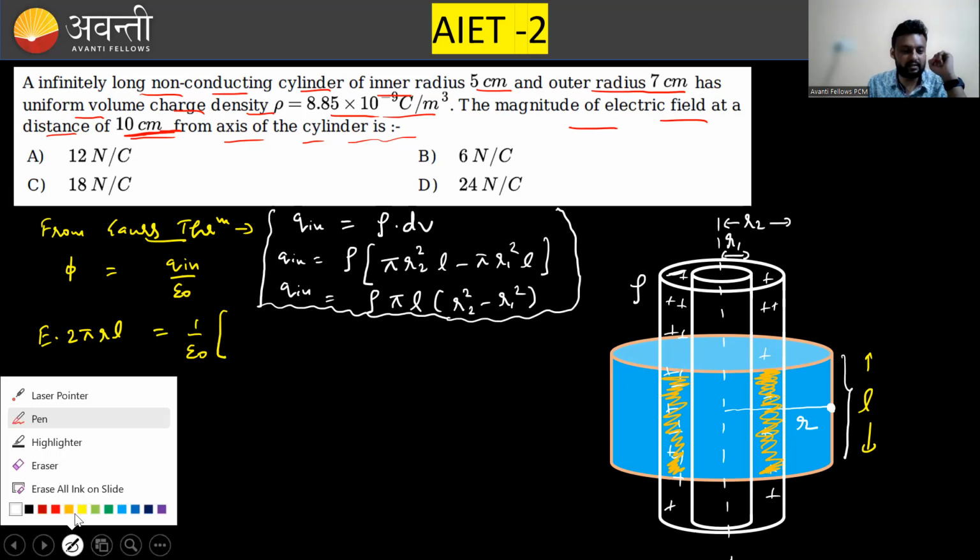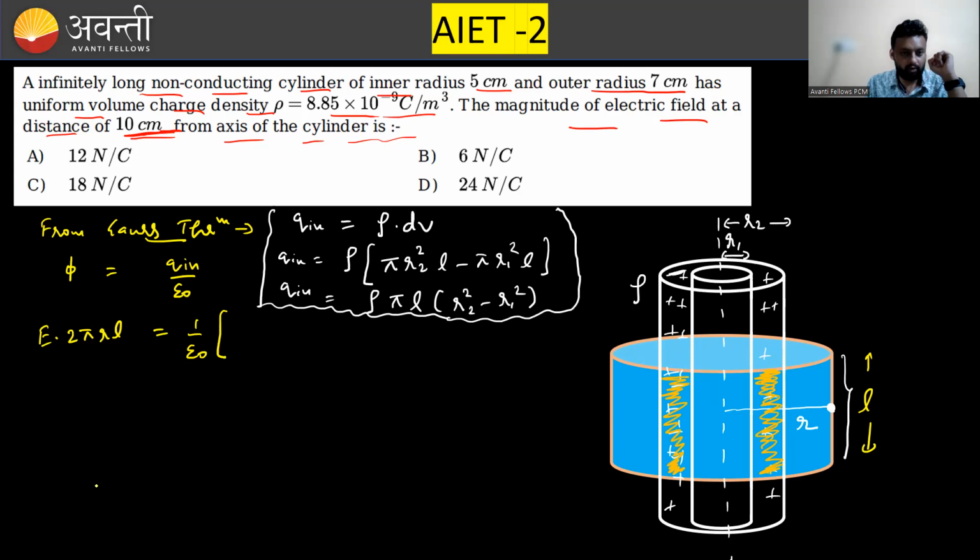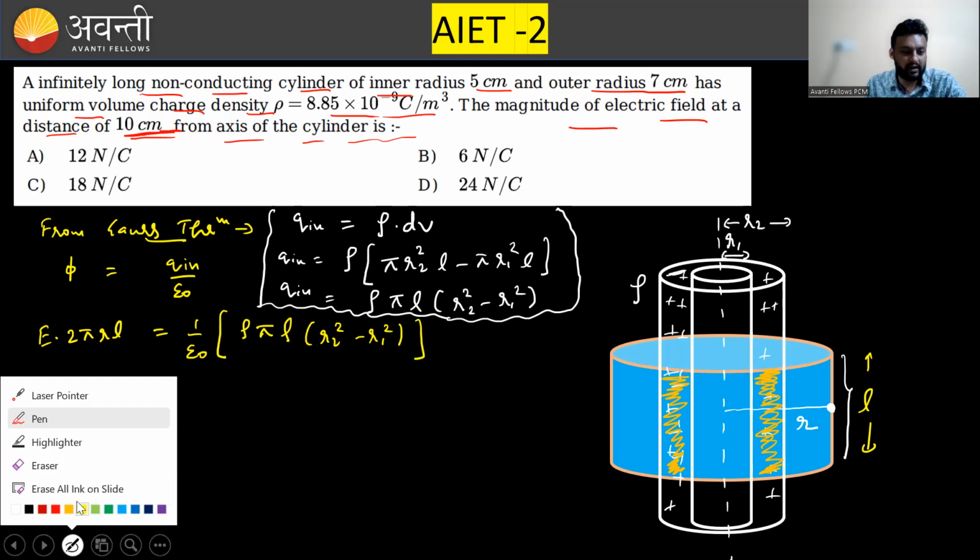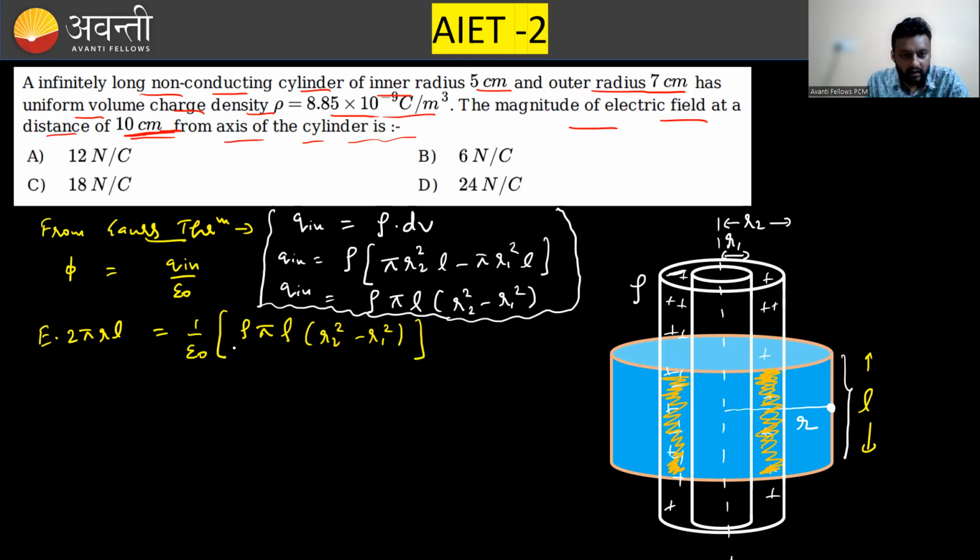Now put the values of charge inside: rho pi L (R2 square minus R1 square). It's your task to simplify actually. From these two terms, pi and pi, L and L can be cancelled. Clear?